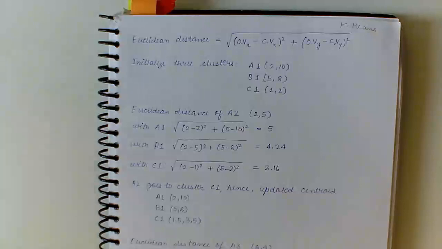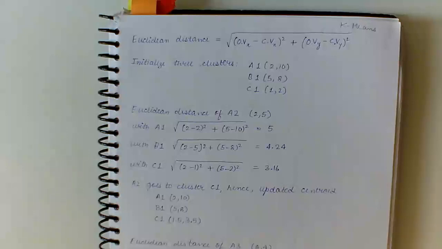So the question is, suppose that the data mining task is to cluster the following 8 points with x, y representing location into 3 clusters, and the points are A1 (2, 10), A2 (2, 5), A3 (8, 4), B1 (5, 8), B2 (7, 5), B3 (6, 4), C1 (1, 2) and C2 (4, 9).